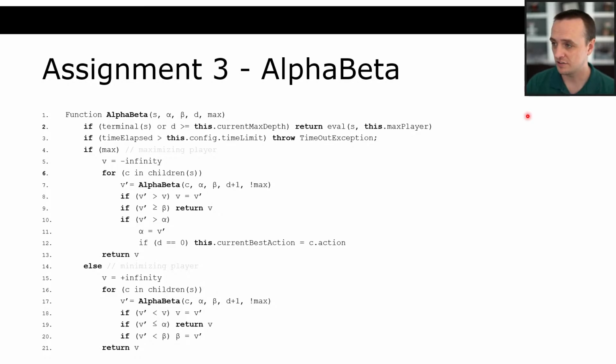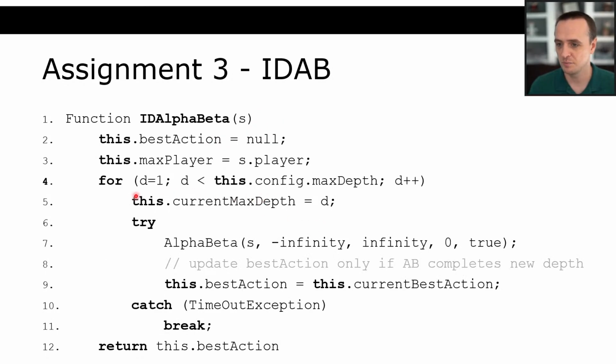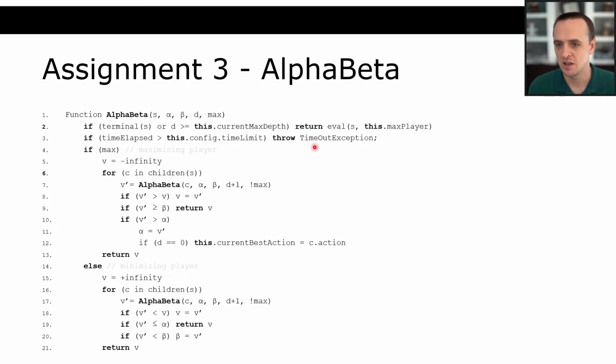And here, this is AlphaBeta. This is the entire algorithm that you have to write. You can take this and translate it into JavaScript, and your algorithm should just work. So it says, if the state is terminal, or the depth is greater than my current max depth, which was set by iterative deepening AlphaBeta, then I should return the evaluation. So that is a terminal node.